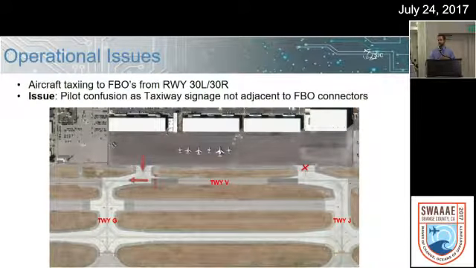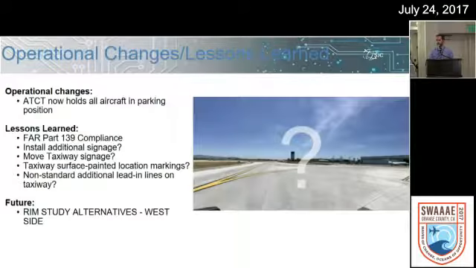It's extra work. I mean, everybody here knows, we don't want to put down more markings on the airfield if we don't have to. We have enough trouble keeping up with, with our maintenance folks, just to keep everything painted with what's out there. So that's not a really good option.